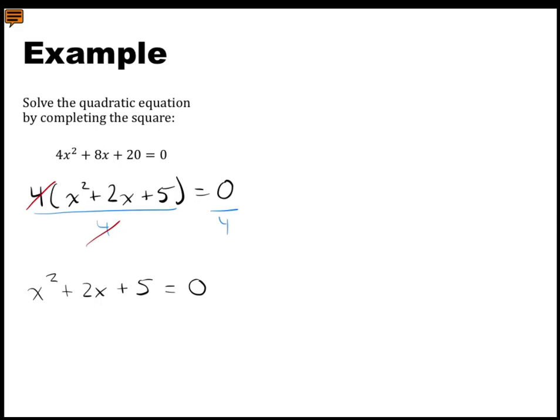We also notice that it is not a perfect square because the pattern for a perfect square does not hold. This number is not the square of half of this number. So we rearrange the equation and add to both sides the number that is the proper one to make the left-hand side a perfect square.